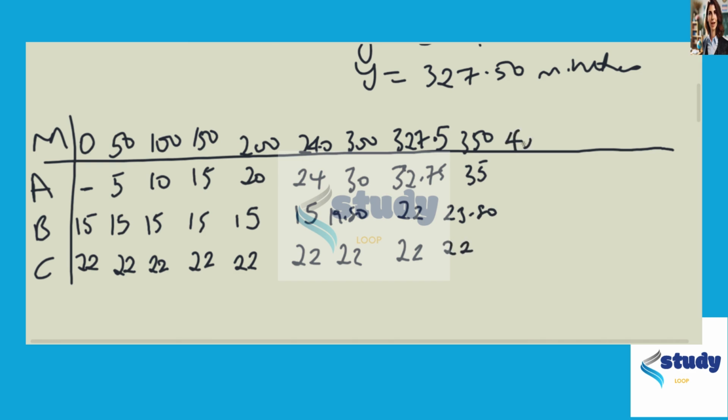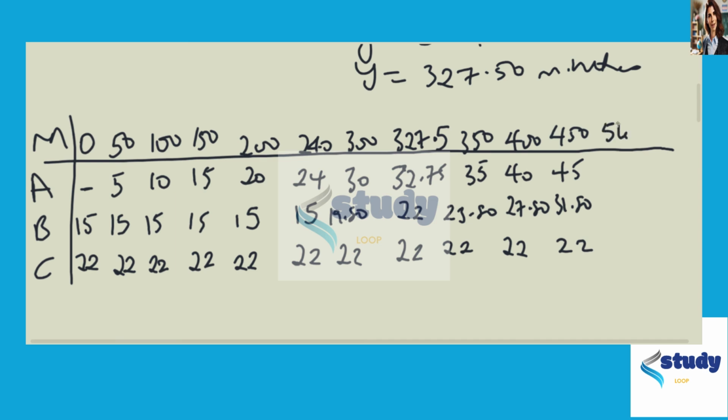For 400 minutes, we're going to have 40, 27.80, and 22. For 450, we're going to have 45, 31.80, and 22.